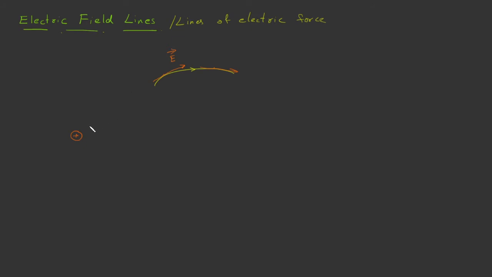So if I draw curves in such a way that the tangent at each point shows the electric field, then those lines will also be radially outward. So the electric field lines for a positive charge are like this.